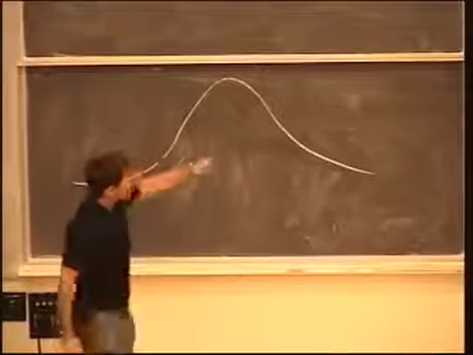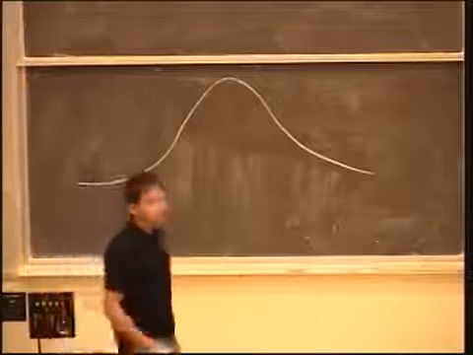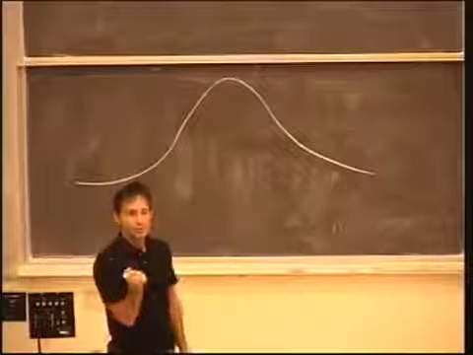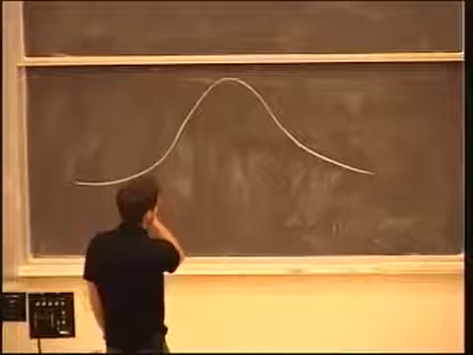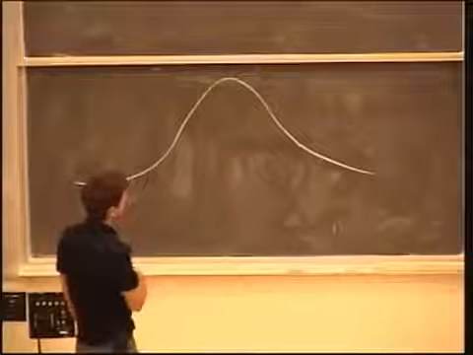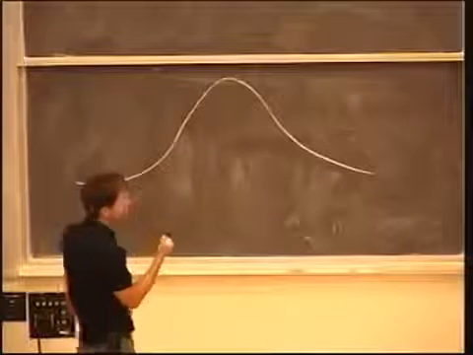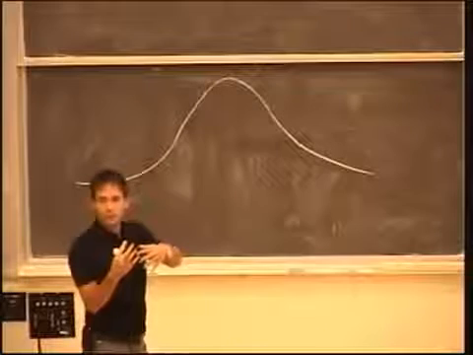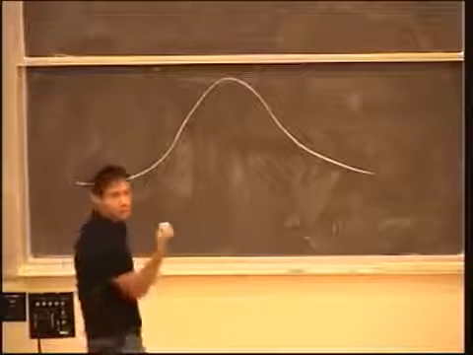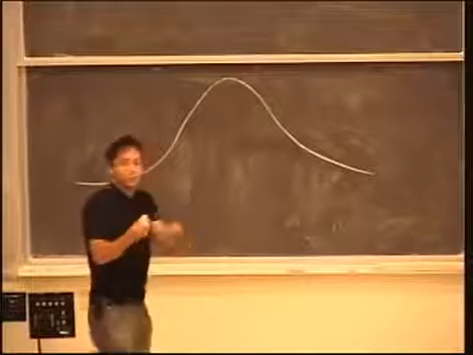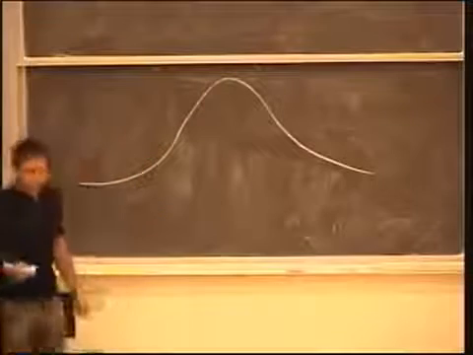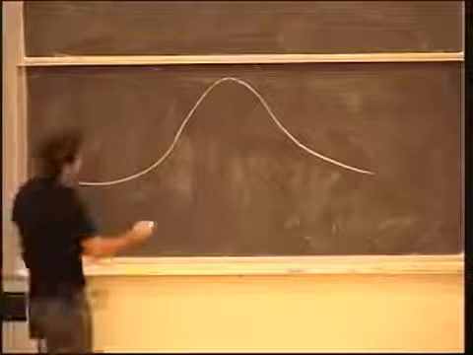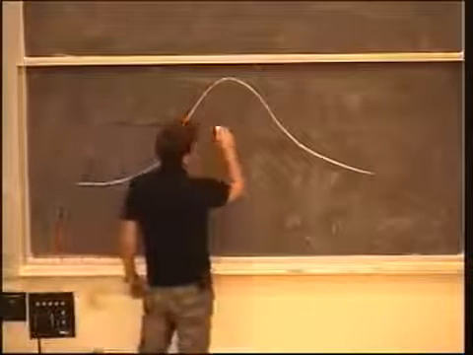Now, if I draw it like this, it's not clear whether it is a mountain or just a curve, right? So in order to give it an illusion of a three-dimensional picture, what I usually do as a reflex, and what you would normally do, or what you see in the book, is that you draw some curves on it.